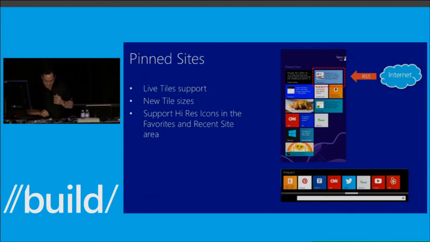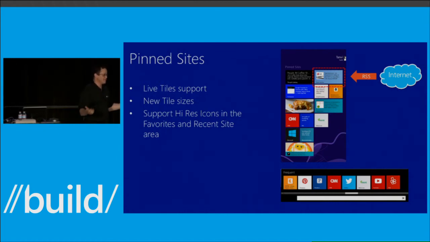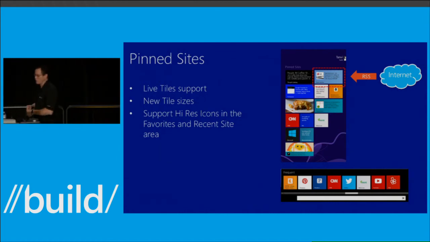So one of the things that we did is that now the content on your tiles can be dynamically displayed and updated via RSS feeds. And in addition, you have the ability to define different types of tile sizes you can use to display this information, which is really cool, and I'll show you in a minute what I mean by that.